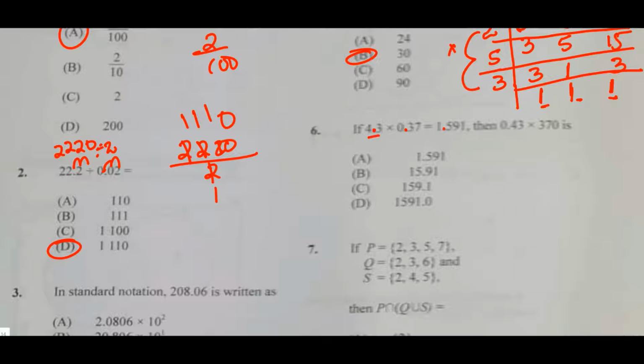Alright, let's observe what happened between here and here. So we observe that this number was divided by 10 and we get 0.43, and this number was multiplied by 1000.